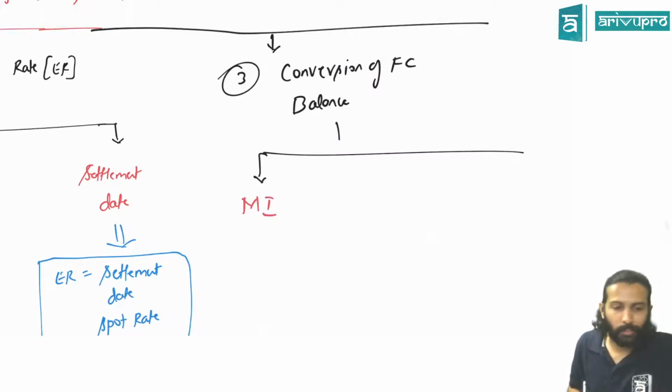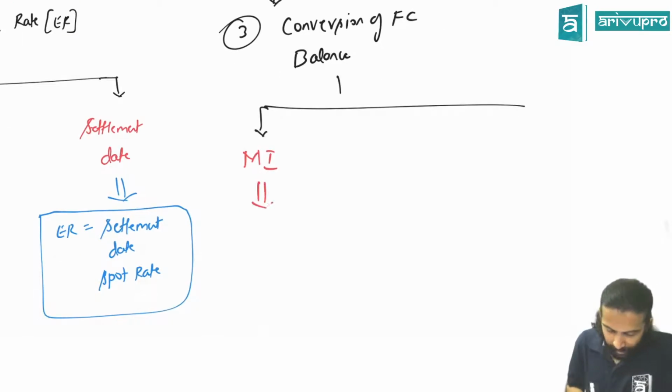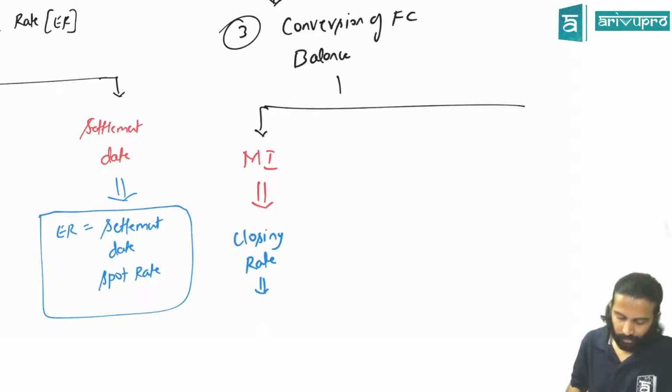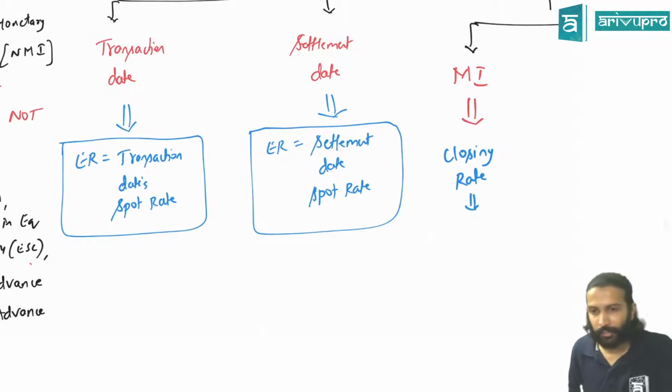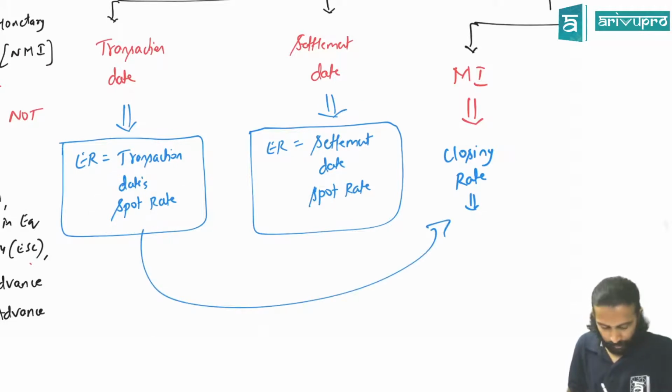Can I write MI now? Yes? So if it is MI, IND AS 21 says, and even AS 11 told the same thing, you have to use the closing rate. When you use a closing rate, initially you would have recorded that at the transaction date spot rate. This transaction date spot rate, and will the closing rate be the same, sir?